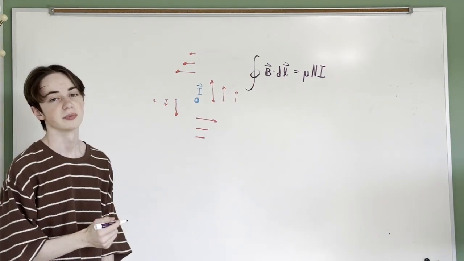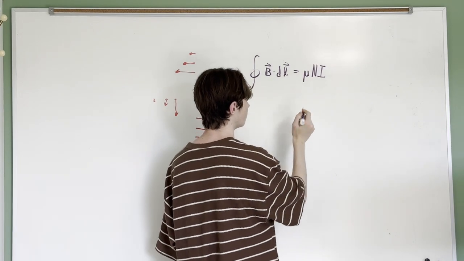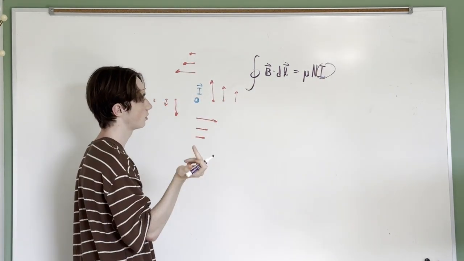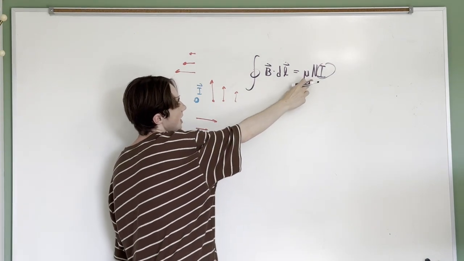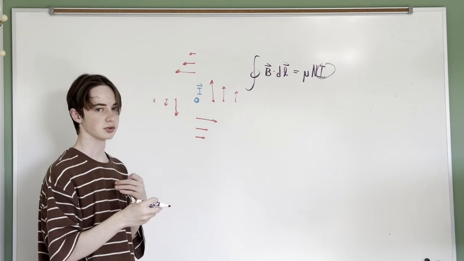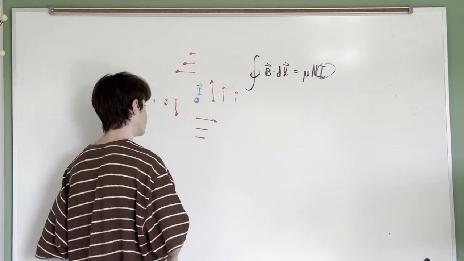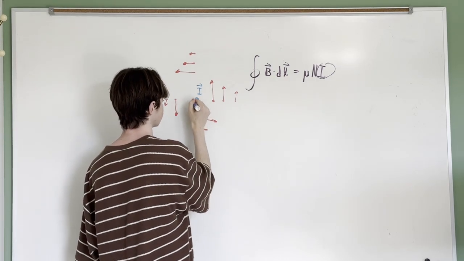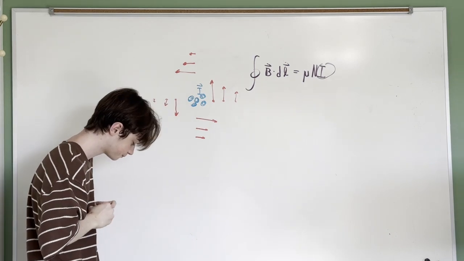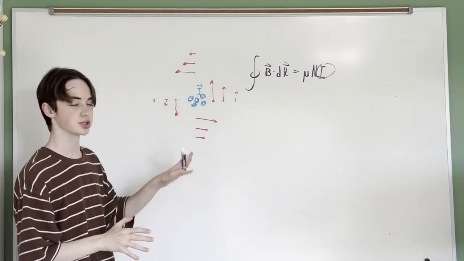This formula makes no sense at first glance, but what it really means is this: I is the current that's coming through the wire, and this N is always paired with the I because it's the number of wires that have current. If we had a cluster of, say, 5 wires, and they each had some current I, then the total current would be the sum of all the wires.